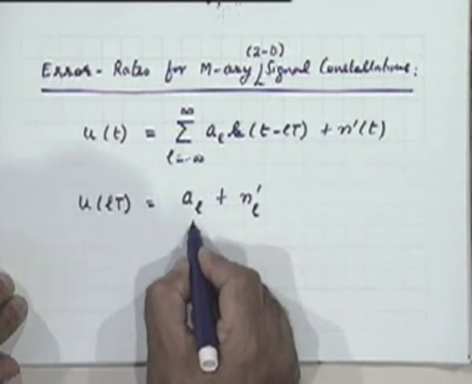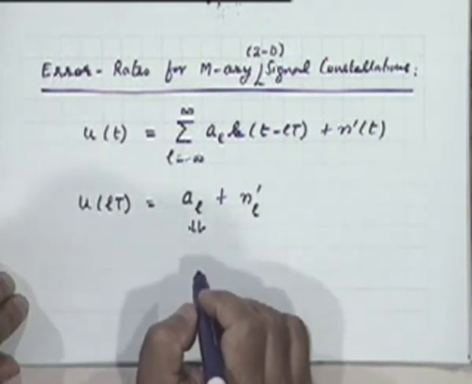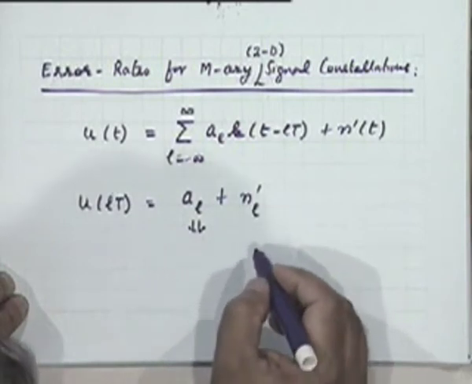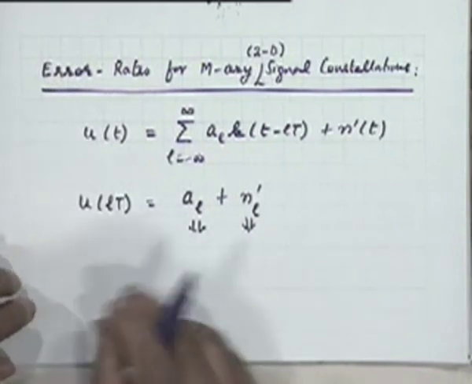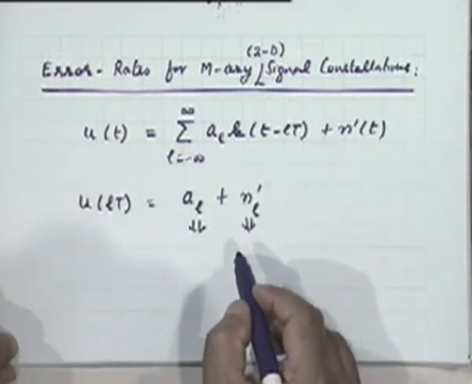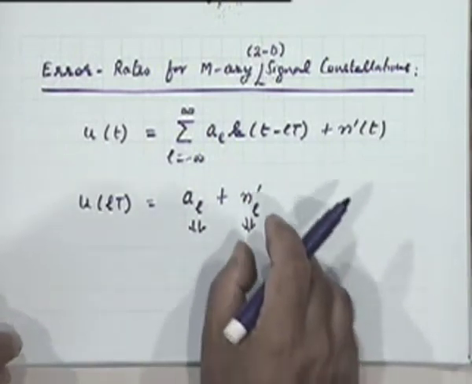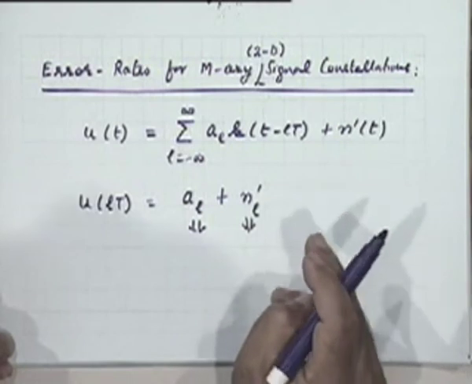So A_L is a point in the signal constellation that you actually transmitted in the Lth symbol interval, and this is coming along with complex Gaussian noise, or in other words, this is actually a complex variable. It has a real part and imaginary part, both are uncorrelated, therefore it has a Gaussian distribution with zero correlation coefficient.